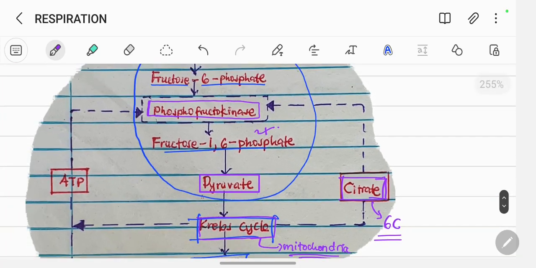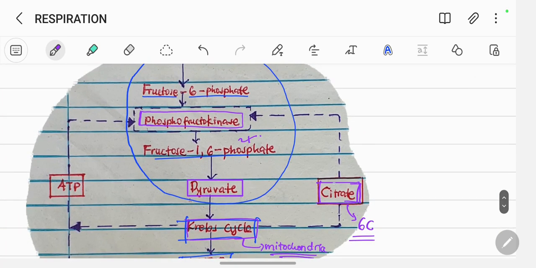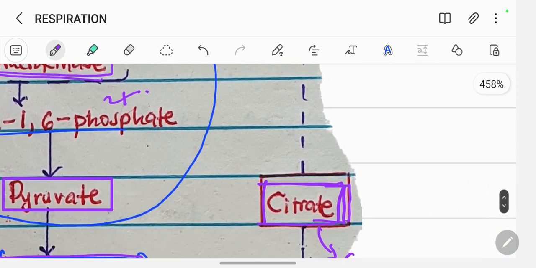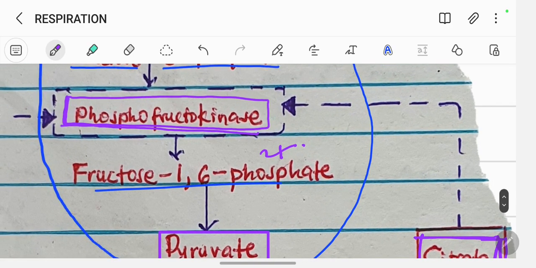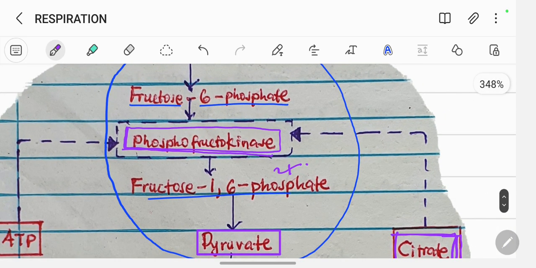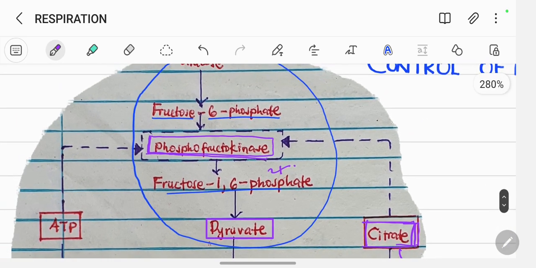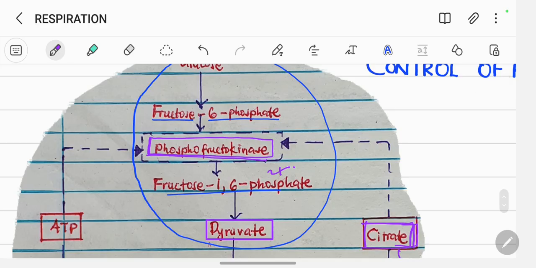Now, as the concentration of citrate increases, it is going to diffuse out of the mitochondria into the cytoplasm and look for wherever there is phosphofructokinase. Our citrate binds to that enzyme and causes inhibition.